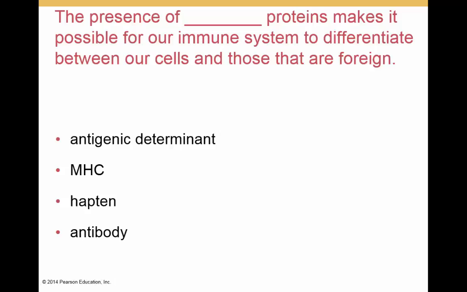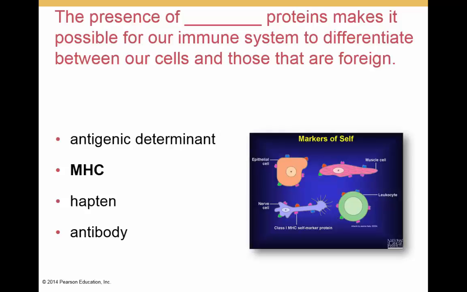All right, take your pick, and here we go. MHC. It's the presence of MHC proteins on the surface that make it possible for our immune system to differentiate between our cells and those that are foreign. They'll recognize other components, but if they've got our MHC on the surface, that's the secret handshake.